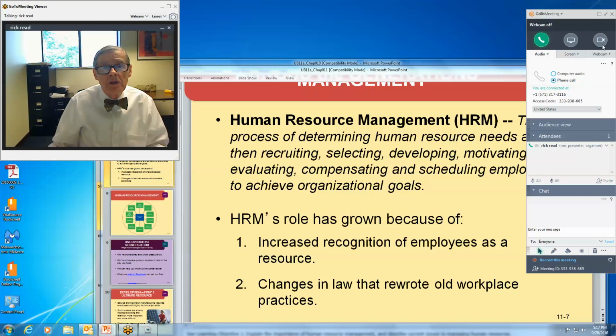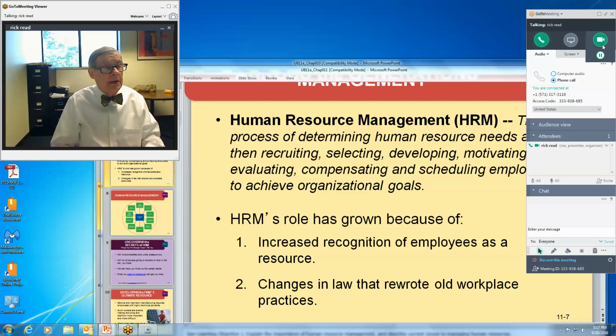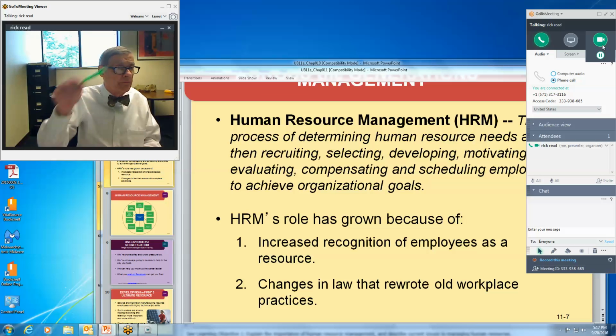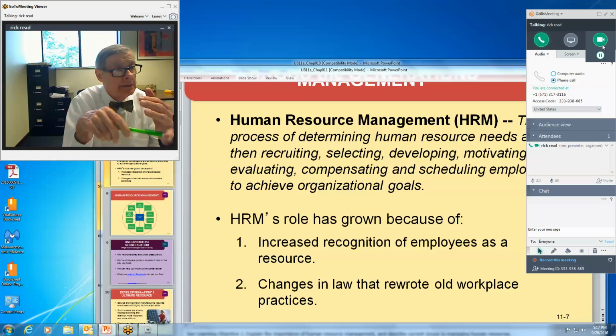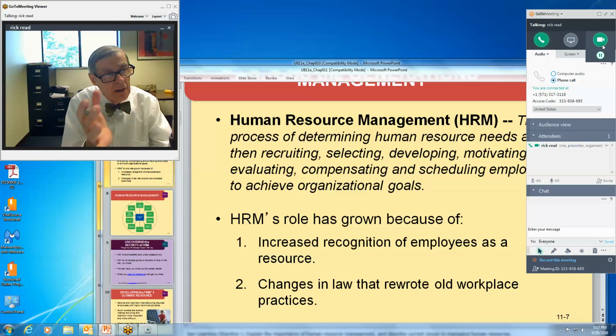Human resource management is determining a company's human needs, employee needs, and then doing the things that get them in the workforce: recruiting, selecting, developing, motivating. Human resource management probably doesn't do the motivation itself, but it talks about motivation.